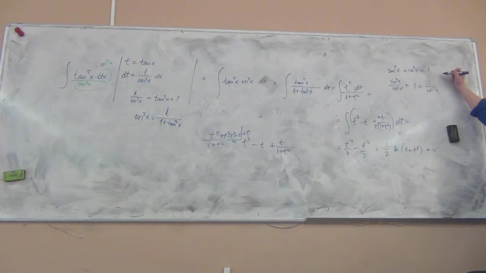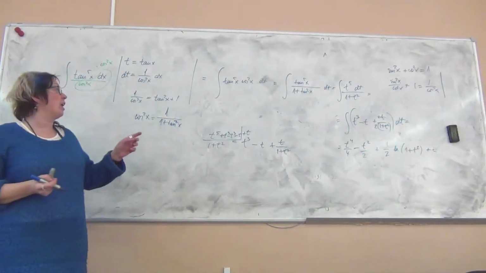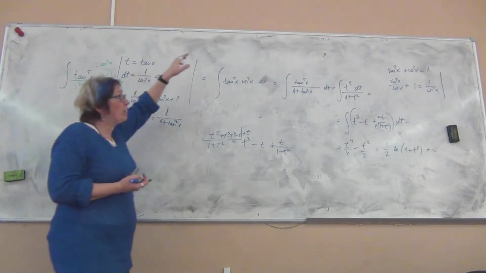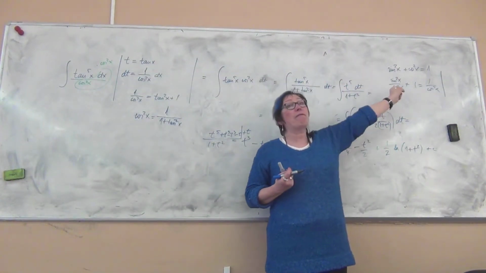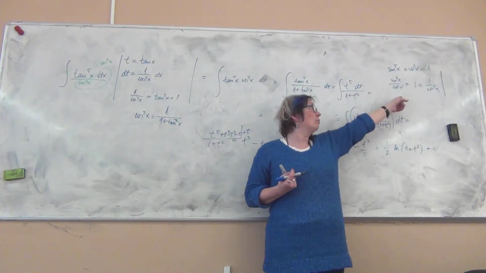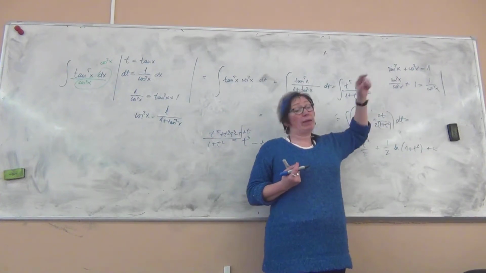So, yes, you should know this. You should know that tangent squared of x plus 1 equals 1 over cosine squared of x. This is directly obtained from the first Pythagorean identity. This is one of the basic things.